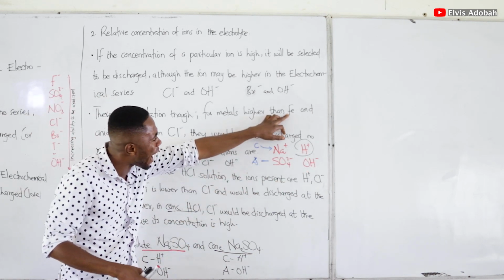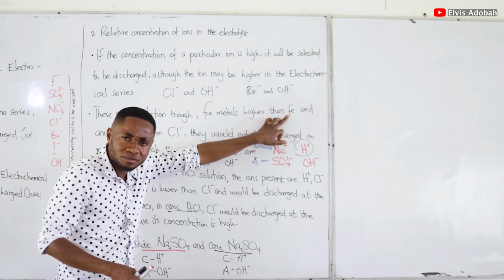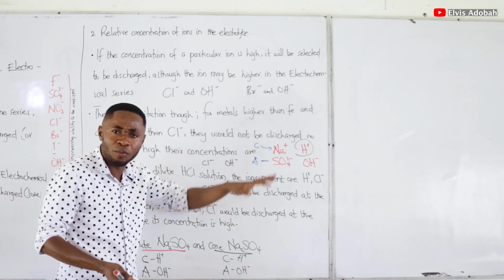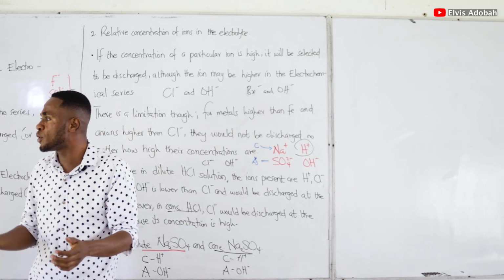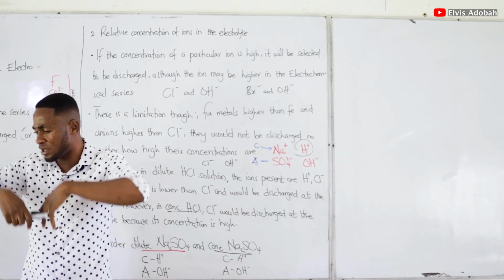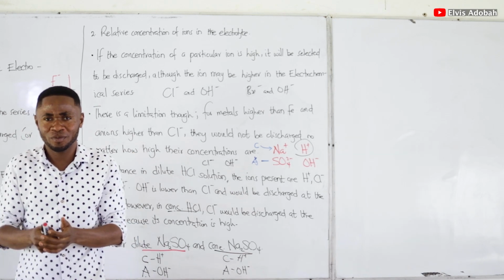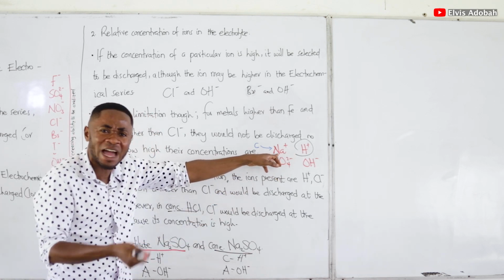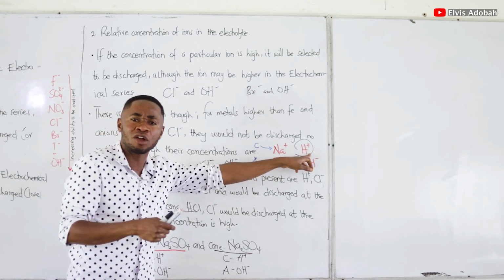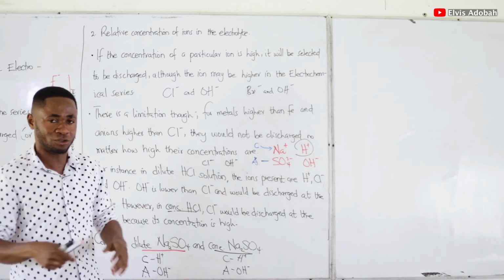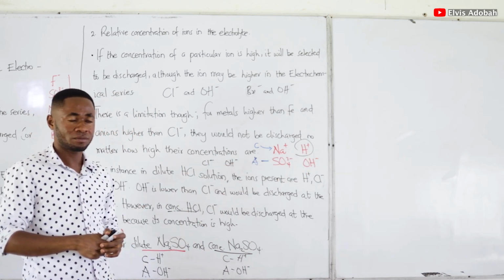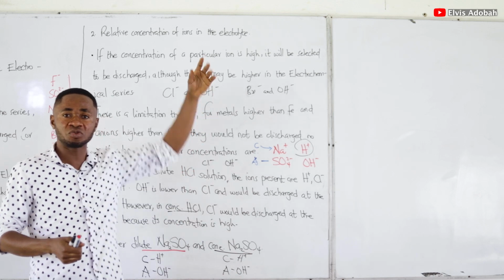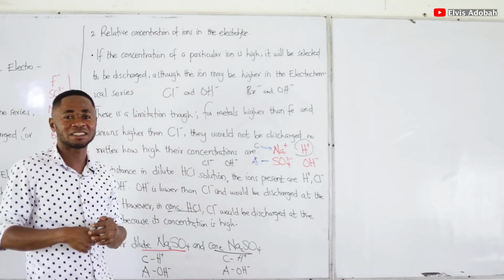But if it is below iron, for example, any metal below iron, we can think about nickel. And if it is concentrated, then the nickel will be discharged instead of the what? Hydrogen ion, because the nickel has a high concentration. But in this case, it's sodium. Sodium is way high. We are not going to discharge it.